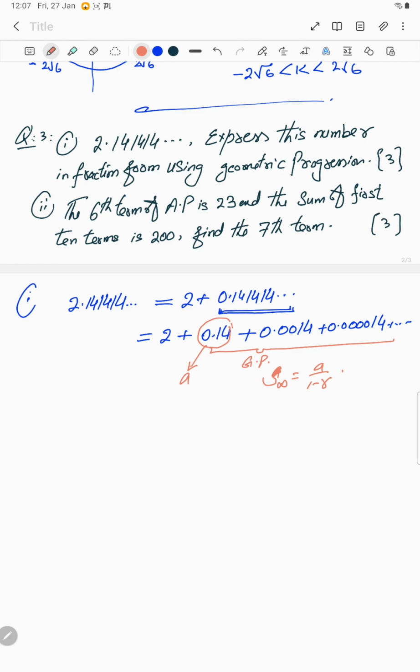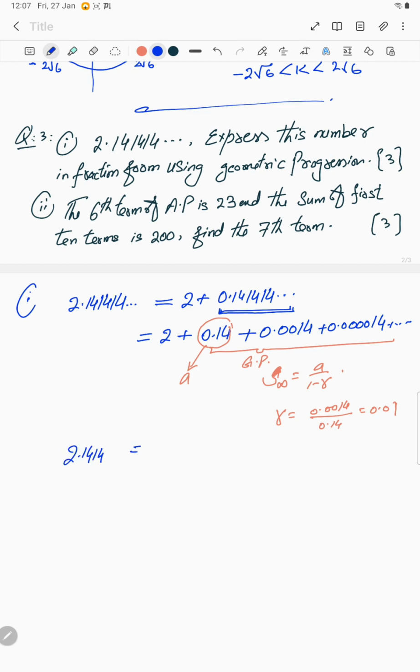You can get the common ratio by dividing the second term by the first term, and we get 0.01.